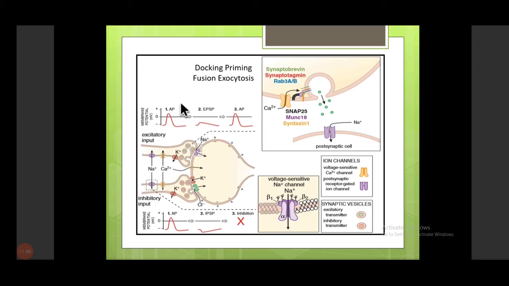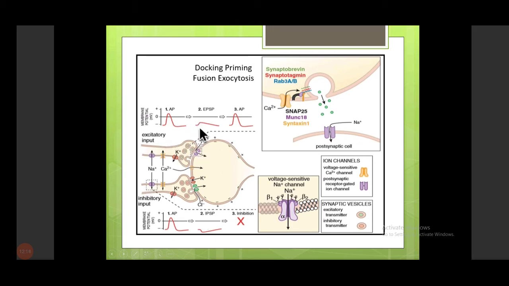If you don't want to remember this much detail, it is good, but just to make the concept clearer, I have incorporated this diagram into the slides. If you are not able to remember, it's okay. So an EPSP is generated, which is excitatory post-synaptic potential.